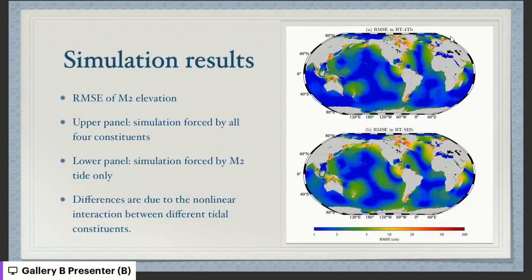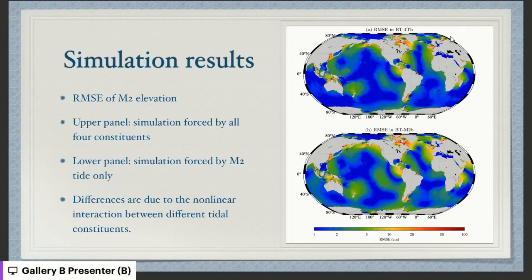And this is what it looks like on the global domain. Here, I'm plotting the RMSE of tidal elevation in these 2 plots. The red means larger error in the simulation.